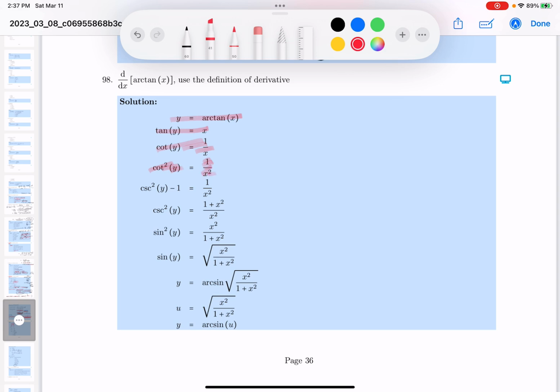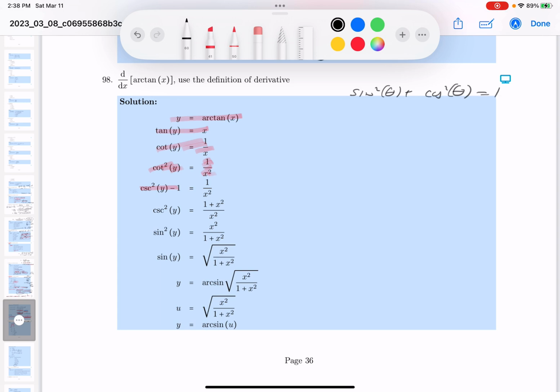I'm kind of looking at it now. And I know the cotangent is related to the cosecant. And how's it related? It's related to the cosecant squared of y minus 1. Let me just simply review that with you. Sine squared of theta plus cosine squared of theta is equal to 1.